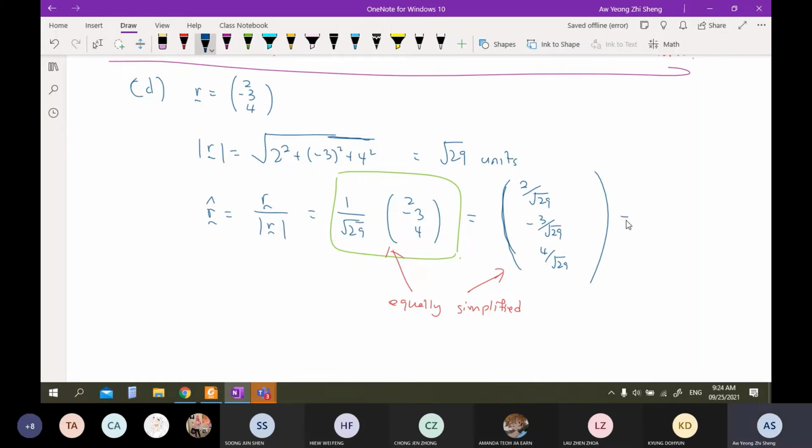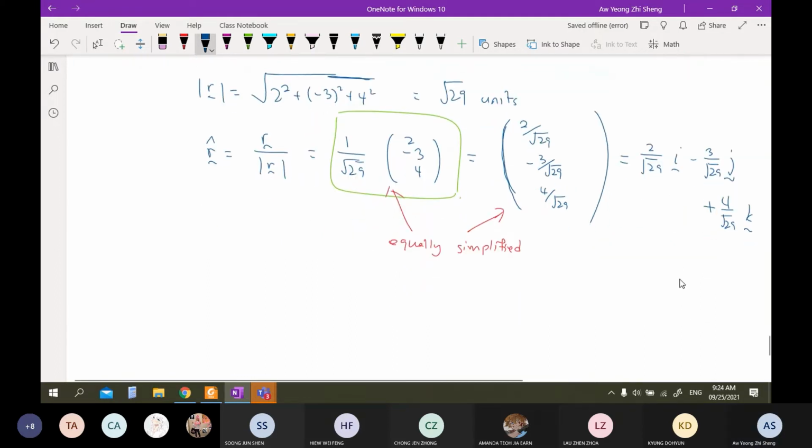Of course, if you want to write in terms of ijk, it will be 2 over root 29 i minus 3 over root 29 j plus 4 over root 29 k.